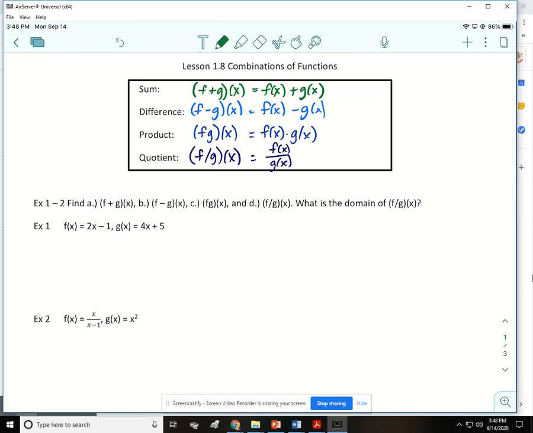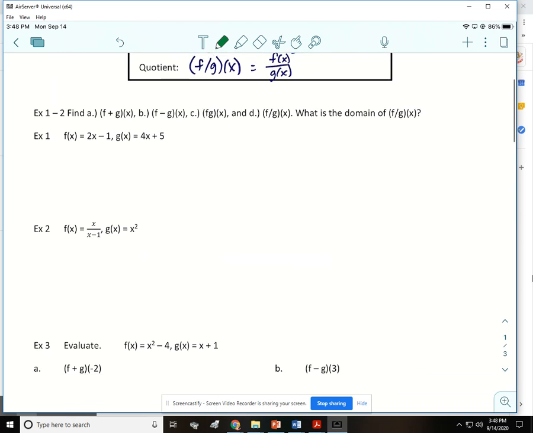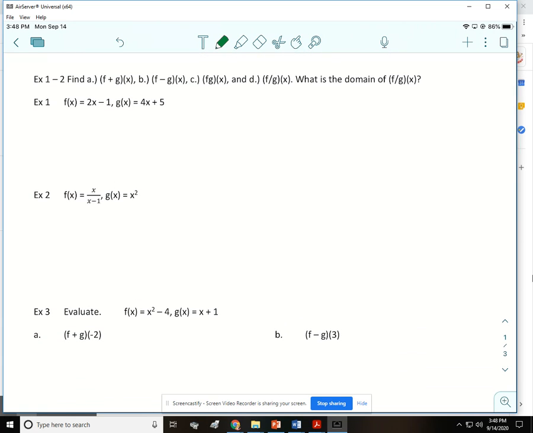All right, so when we're adding functions and they're like what we see on example 1, it's really easy. You're just going to take the f functions. We're going to find f of x plus g of x.